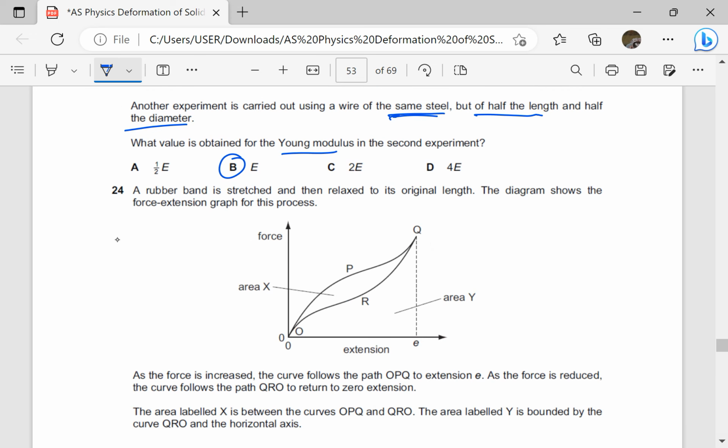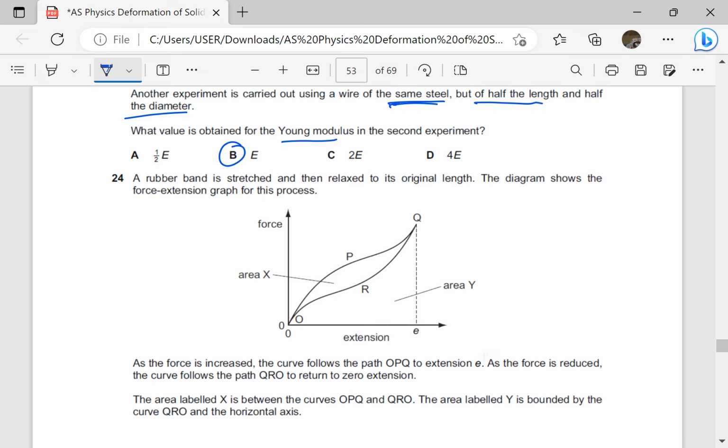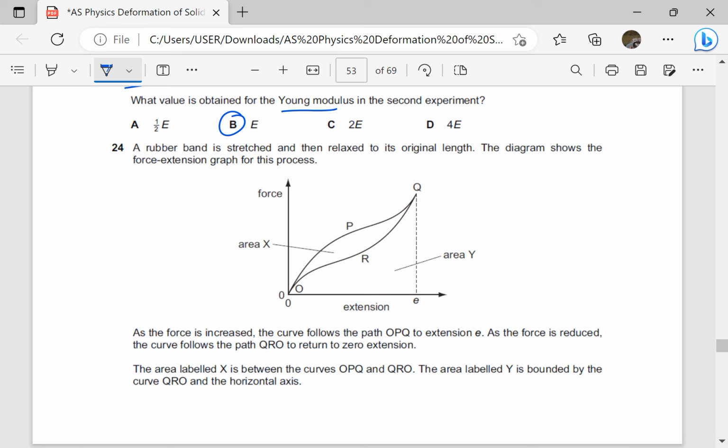A rubber band is stretched and then relaxed to its original length. The diagram shows the force extension graph for this process. As the force is increased, the curve follows the path OPQ to extension E. As the force is removed, the curve follows the path QRO to return to zero extension.